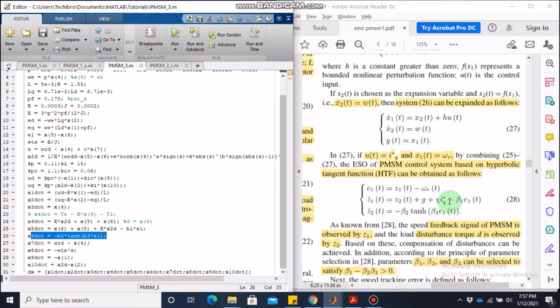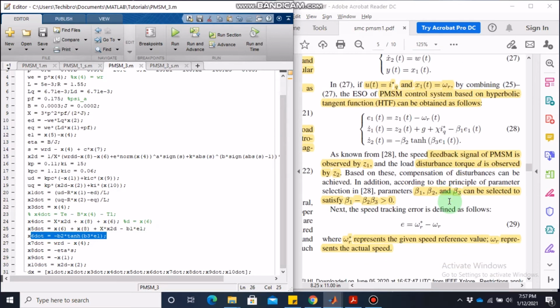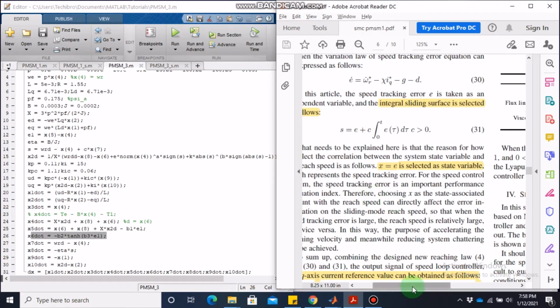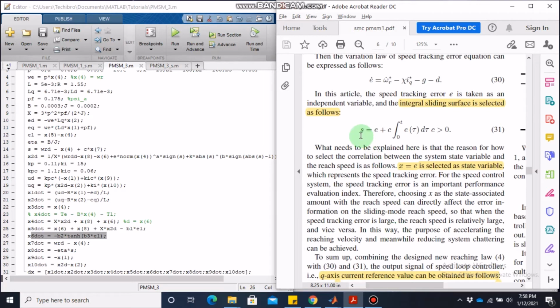And then we have to add certain more state variables. Why? Because when they use the sliding surface, the sliding surface has the integral of error. Wherever there is an integral involved, you have to define a new state. So if the integral of error has to be in the sliding surface, then I have to define a state x7.